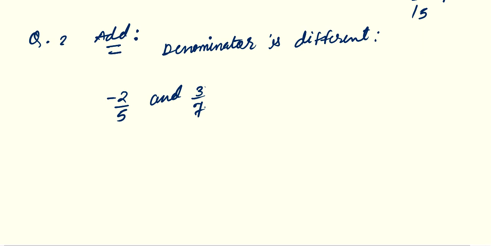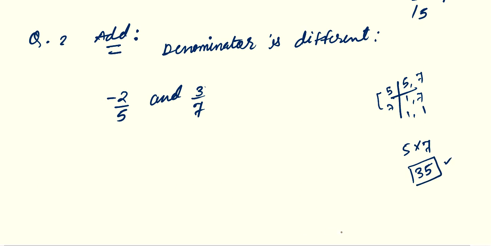In this question, as you can see, the denominator is different. So how can we solve this? To solve this, first we have to see what we have in the denominator. In the denominator we have 5 and 7. So you need to find the LCM of 5 and 7. 5 ones are 5, then the remaining 7. 7 ones are 7. So 5 into 7, 5 sevens are 35. Okay.